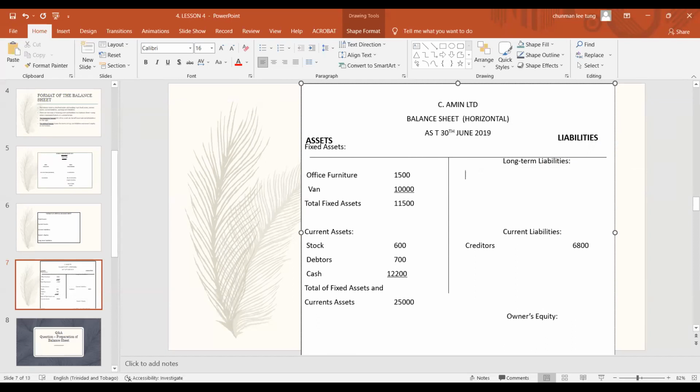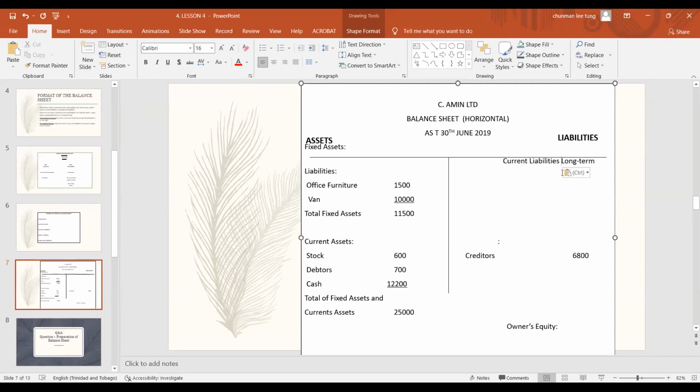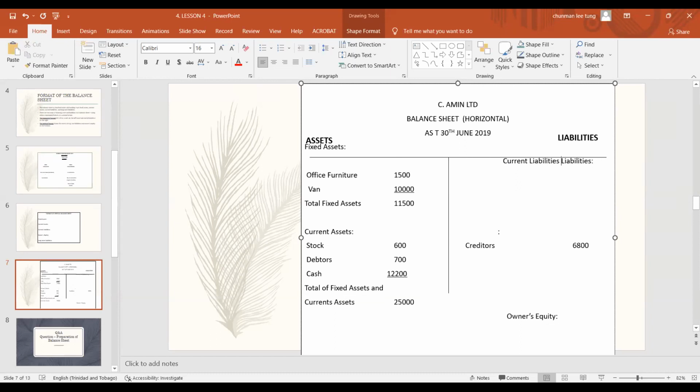Okay, guys, your current liabilities are supposed to go first, and after it your long-term liabilities. So let me see how I can make that change here. The point is to give you this lesson. So you're going to have your current liabilities, which is your creditors, 6,800.